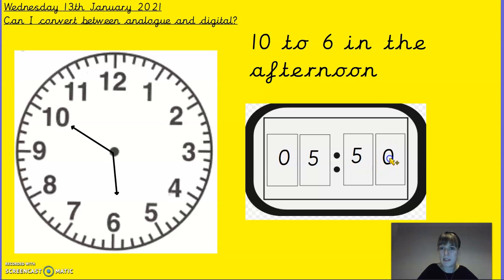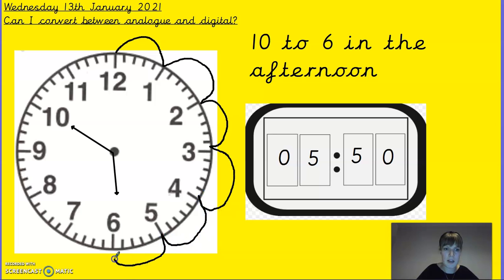So let me explain that a little bit more. If I start, it's about 5 o'clock, I'm just going to count round in intervals of 5 till I get to my 10 here, just to make sure it is 50 minutes past 5. So 5, 10, 15, 20, 25, 30, 35, 40, 45, 50.